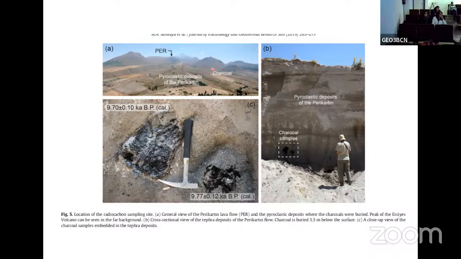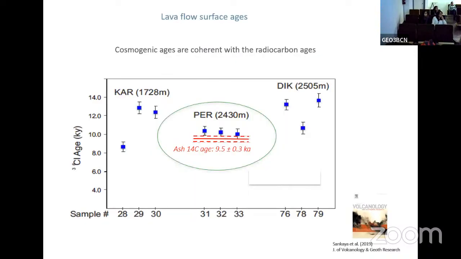It's kind of problematic, but people are working on it, and it will get better and better, I think. But it's still doable. You can date the surface. Here are the results, 9,500 and things like that. They are not too far from each other.